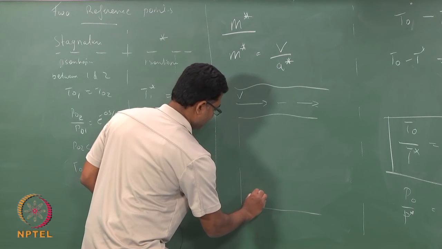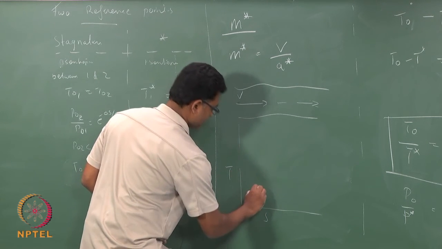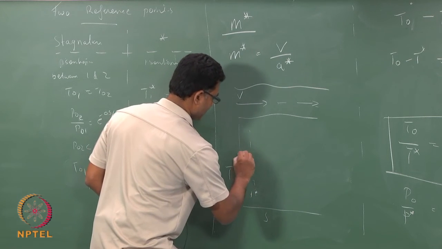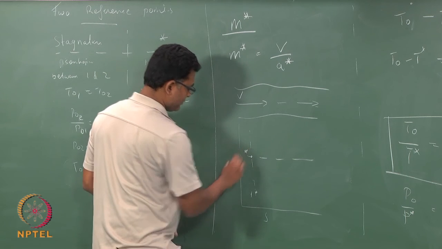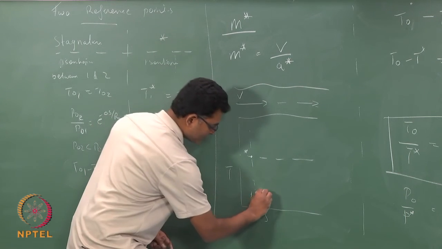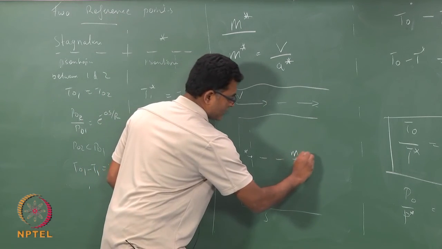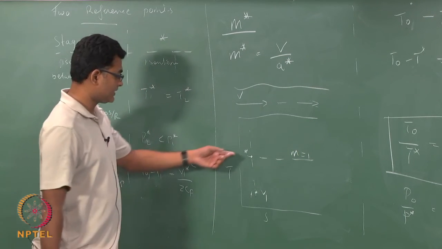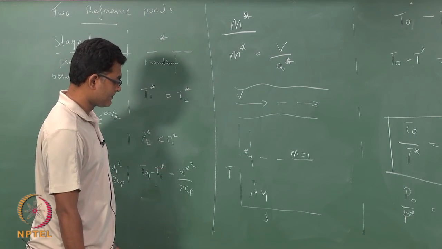So, if I take the fluid at state 1 isentropically to the star value, at this point I also have a velocity V1. So, this M is always 1, because that is how we defined the reference quantity.